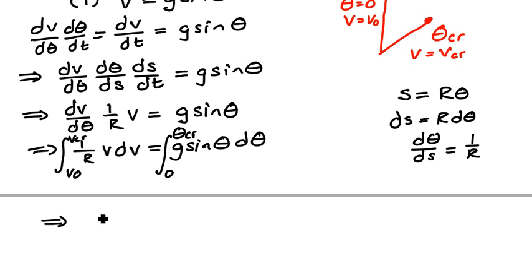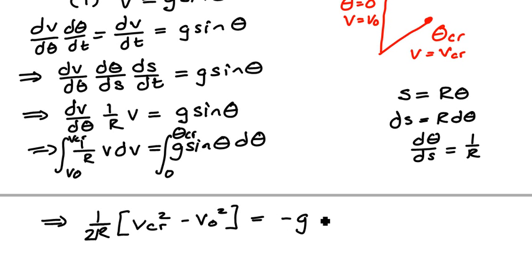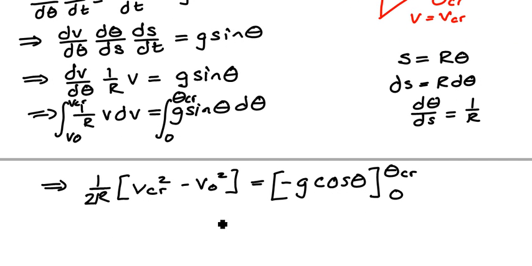This leaves me with 1 over r times quantity v critical squared minus v0 squared, divided by 2, equal to minus g times the cosine of the angle theta, evaluated at theta critical and 0. If I work this out, I can find the numerical value for v0 needed to leave the track at that instant. This will give me the answer to the first part of the problem.